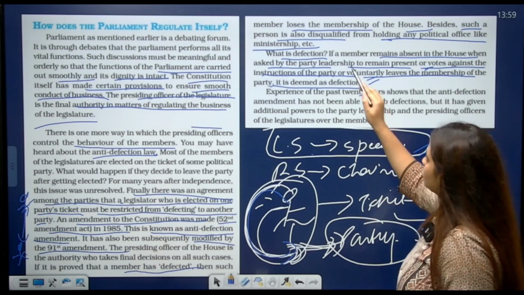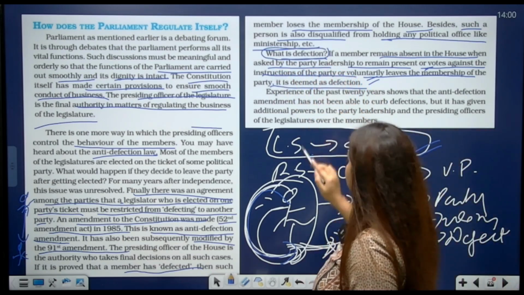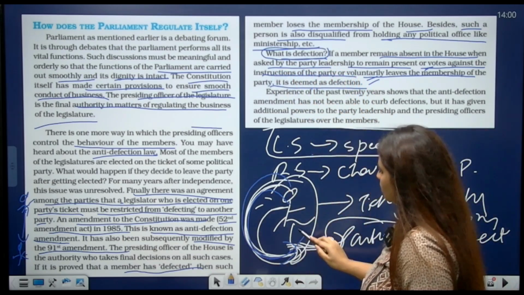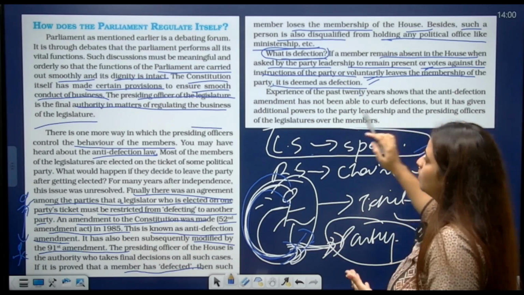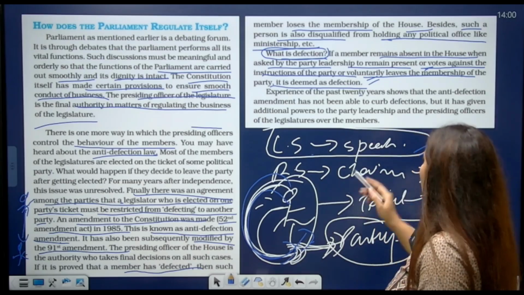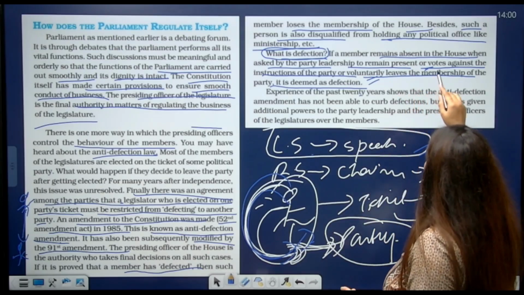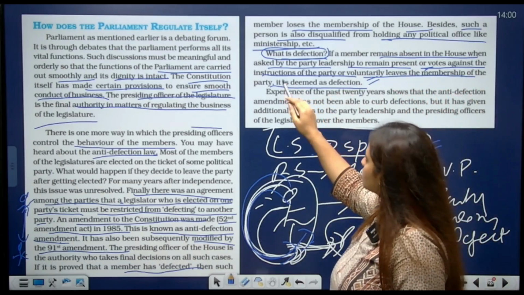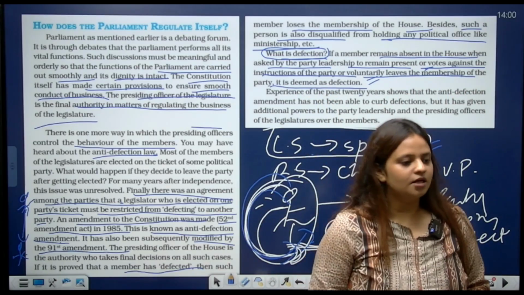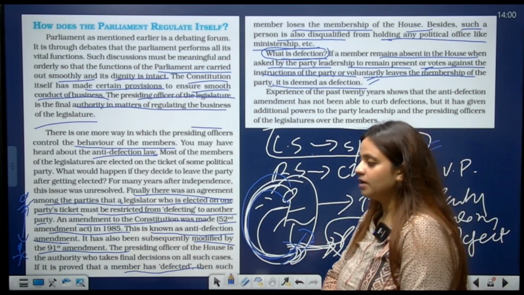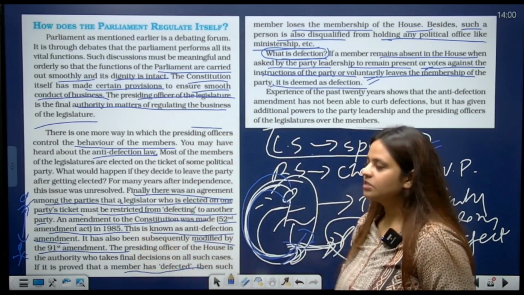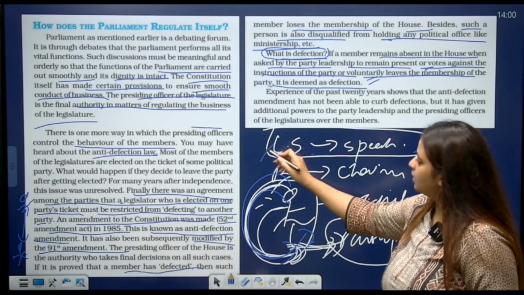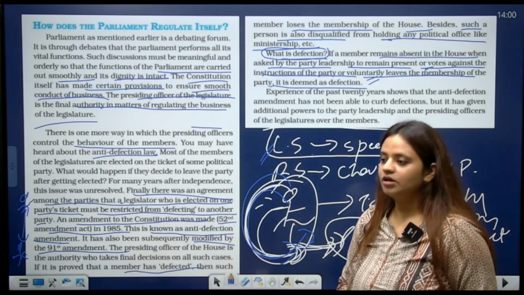The first case is when he gets into another party. The second case is if he remains absent in the house when asked by the party to remain present, or votes against the instructions of the party. So the presiding officer of the house has the full and final authority in defection-related matters.